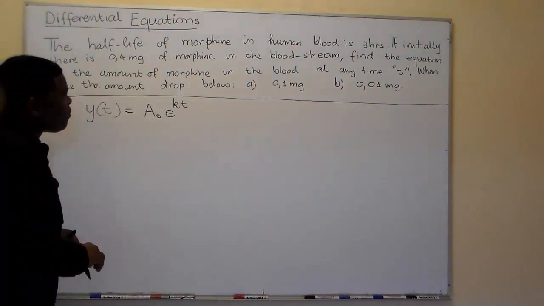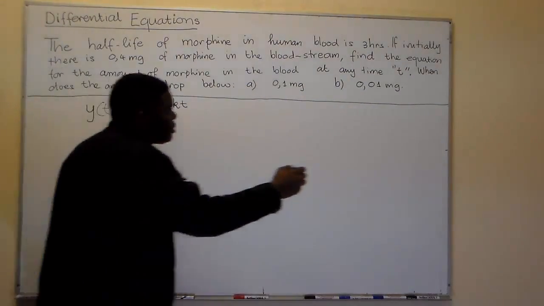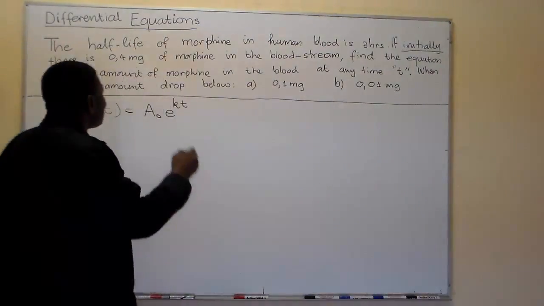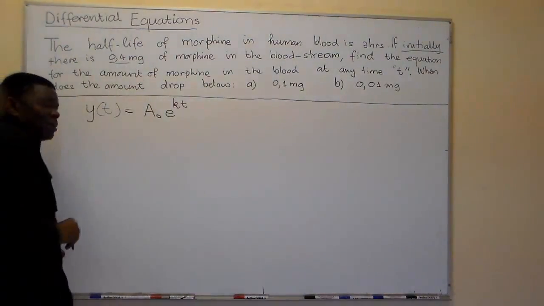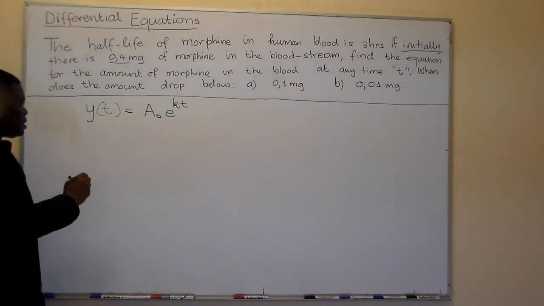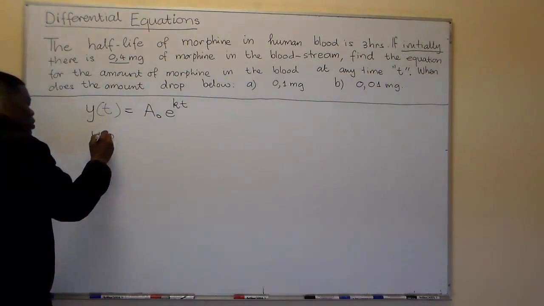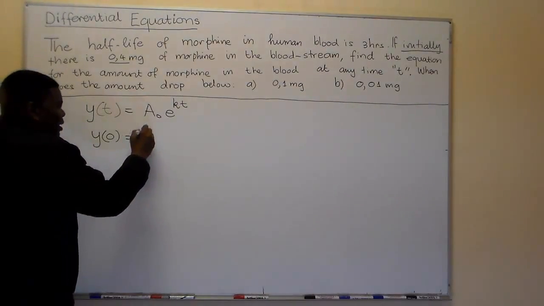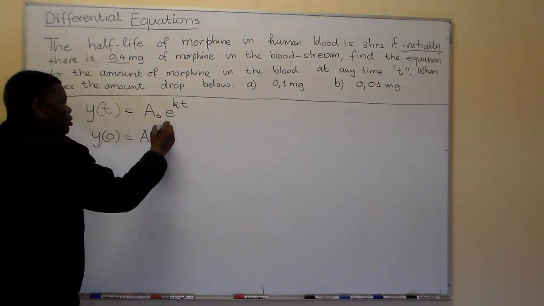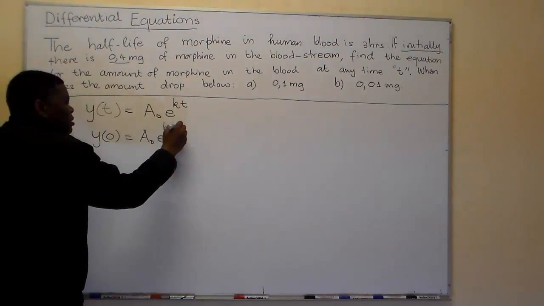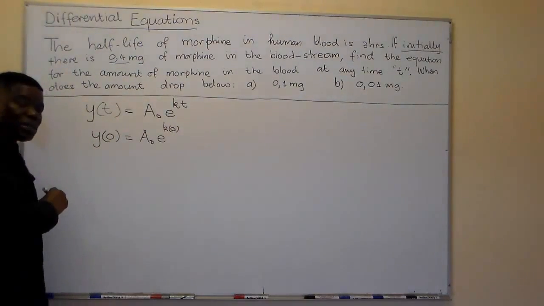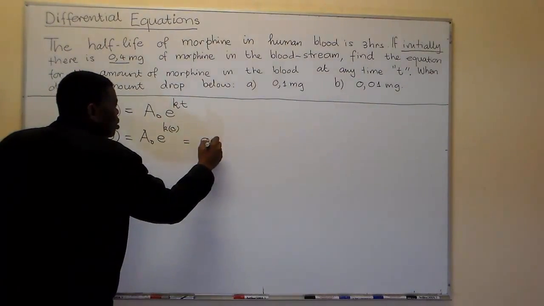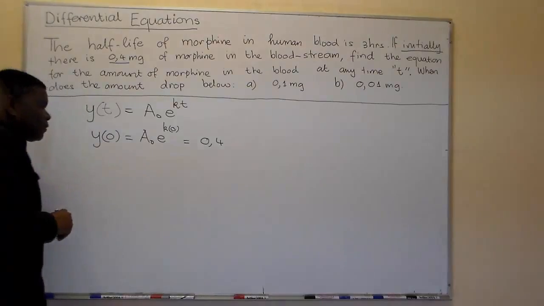So now, by the initial weight indicated here, that initial amount of the drug is 0.4 milligrams, we translate that to mean that the initial value y of 0, the function, equals a0 e to the power k 0, because time t is equal to 0, is equal to 0.4.